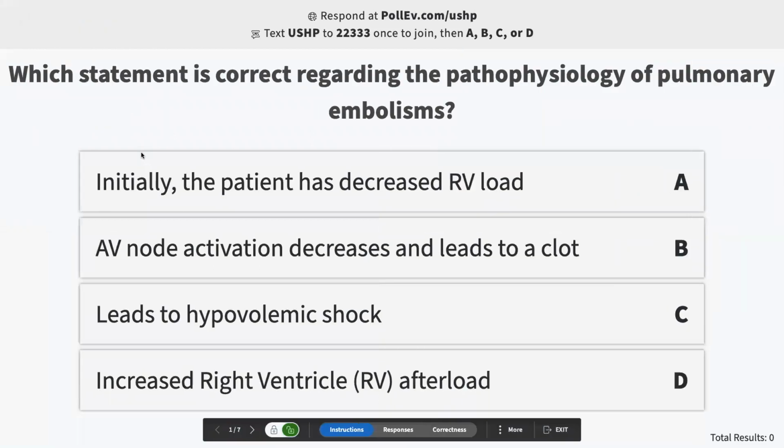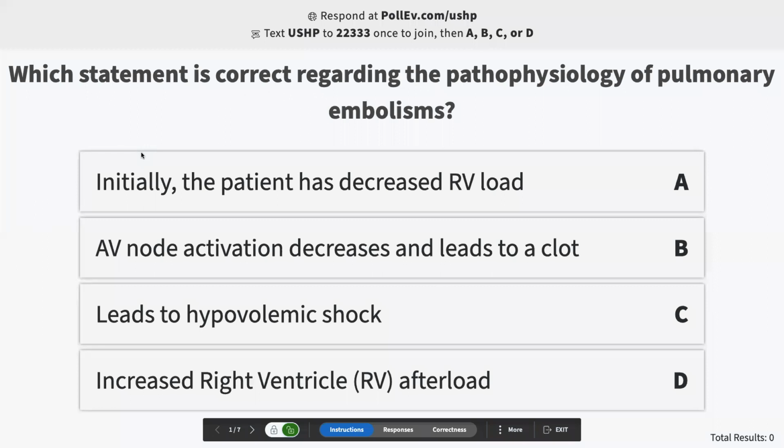And so for our first audience response question, it will be, which statement is correct regarding the pathophysiology of pulmonary embolisms? A, initially the patient has decreased RV load. B, AV node activation decreases and leads to a clot. C, leads to hypovolemic shock.